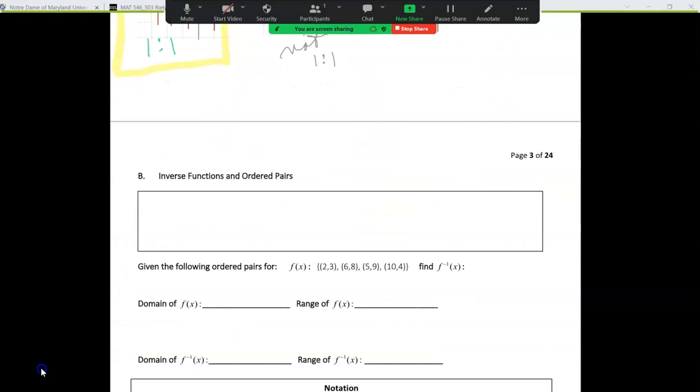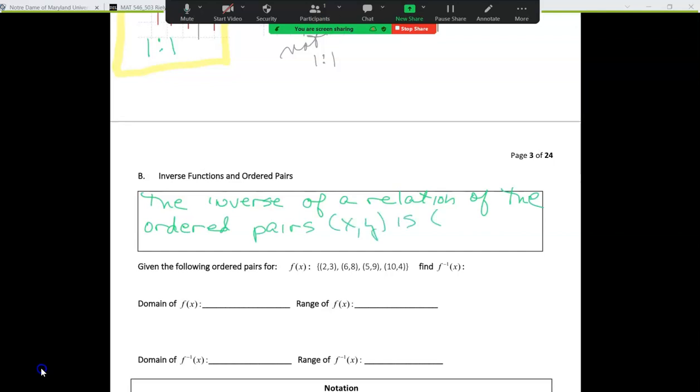All right, next thing. Inverse functions and ordered pairs. So I'm going to write out an explanation about that. So we're going to say that the inverse of a relation of the ordered pairs (x, y) is (y, x).